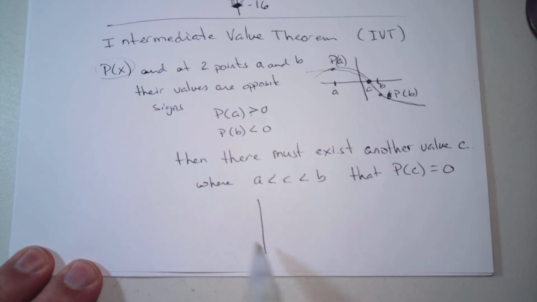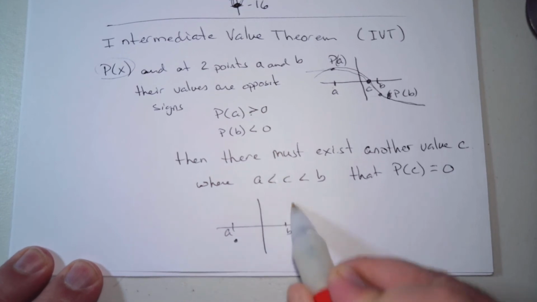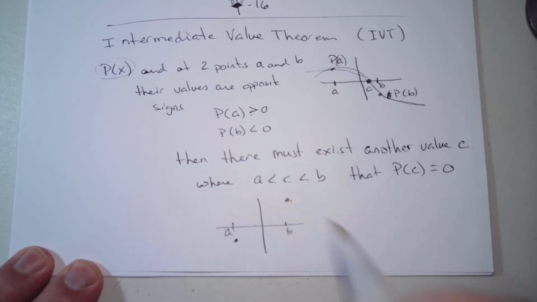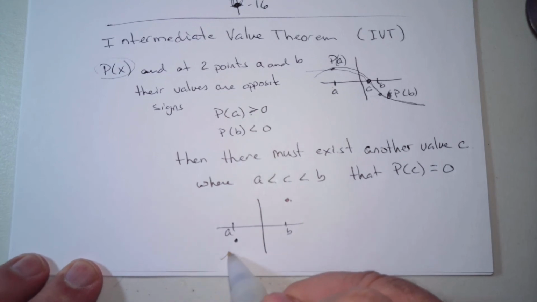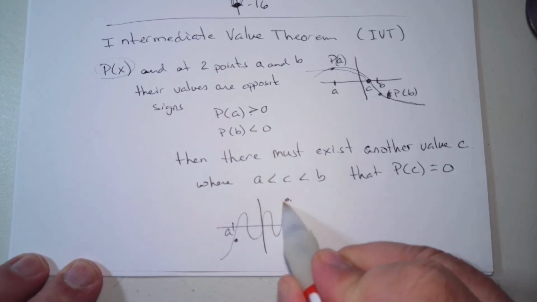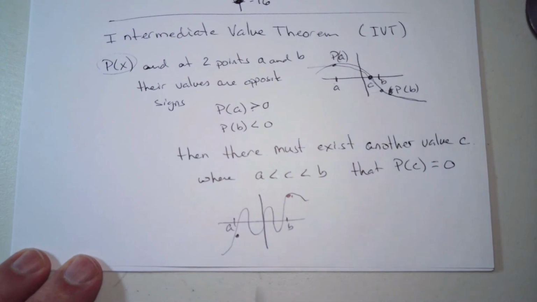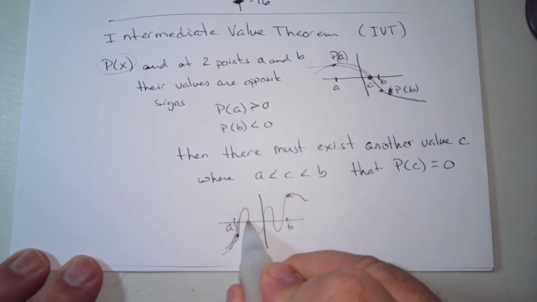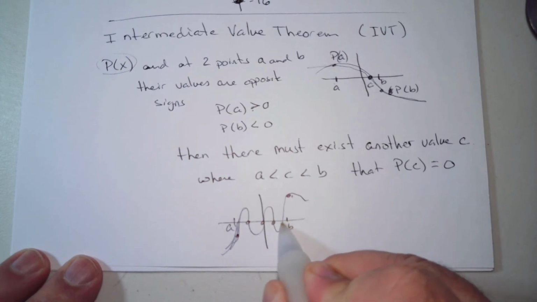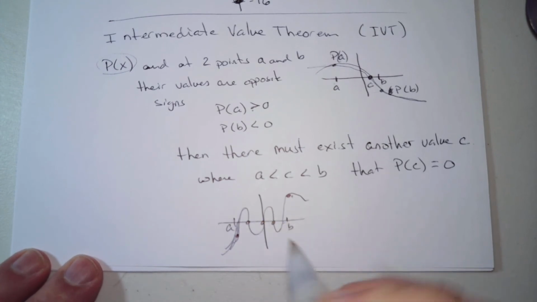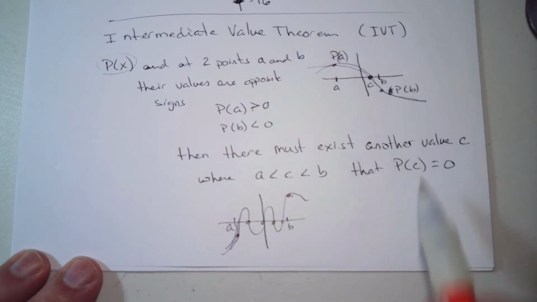The graph could look like this also. Here's A, here's B, the graph could look like this. There could be at least, it says at least 1 point.